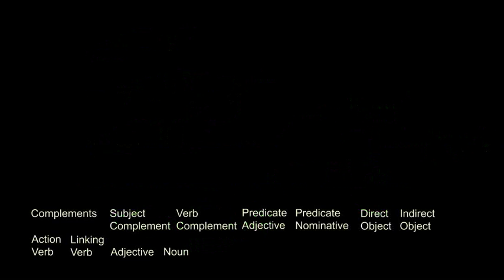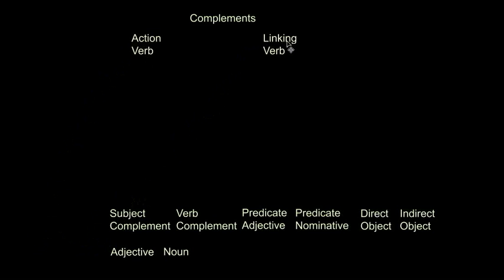So, when you are confronted with a sentence and you have to decide what type of complement you're dealing with, there's a certain order of thinking, a decision tree, and I'm going to break it down for you. So we have complements. So you're looking for the complements. That's the part of speech you're looking for. The first thing you have to figure out is, are you dealing with an action verb or are you dealing with a linking verb?